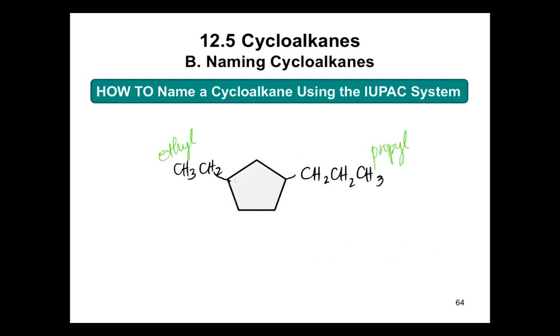Okay, so this would be 1, carbon 1, 2, 3. Okay, tapos write alphabetically, you have 1 ethyl, and then 3 propyl. Ano yung parent chain? It would be cyclopentane. Okay, so 1 ethyl, 3 propyl, cyclopentane.